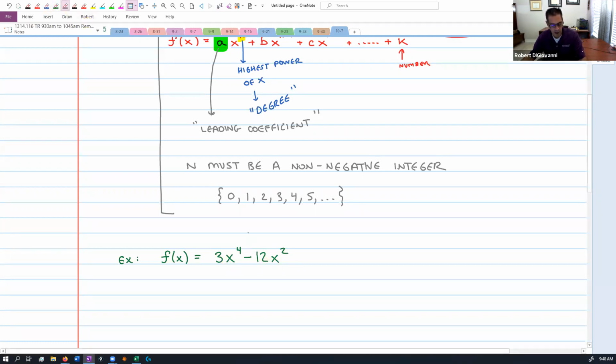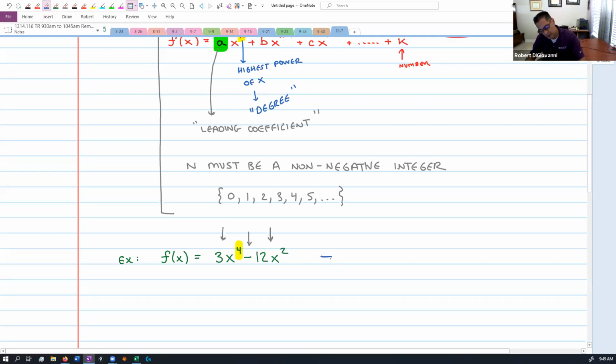Terms are separated by addition and subtraction. So I have one term here and a second term here. When I look at both of these terms, I have a number in front of x to a power. That's all you need in order to have a polynomial. It's just a bunch of things put together with pluses and minuses where you have a number in front of x to some power. The highest power that I see here is 4.